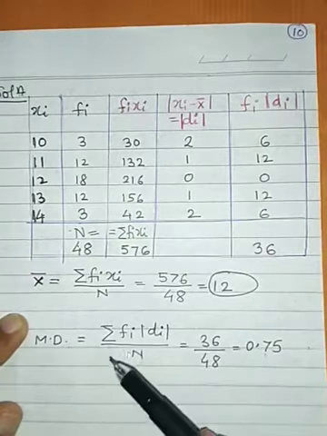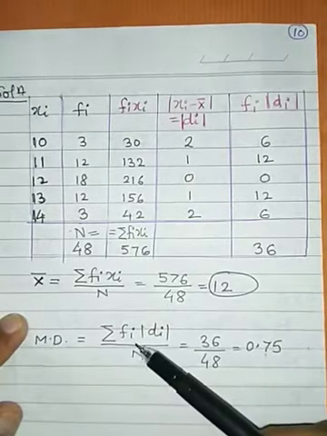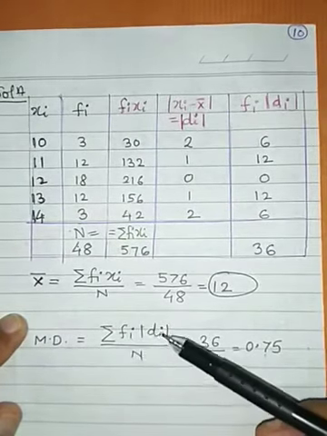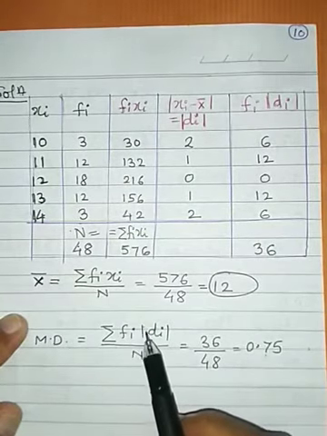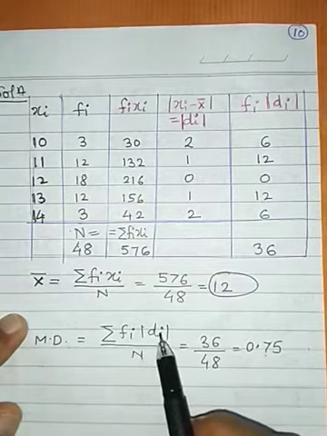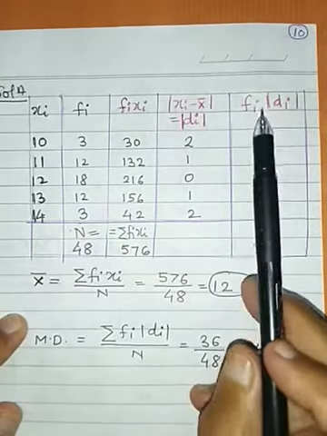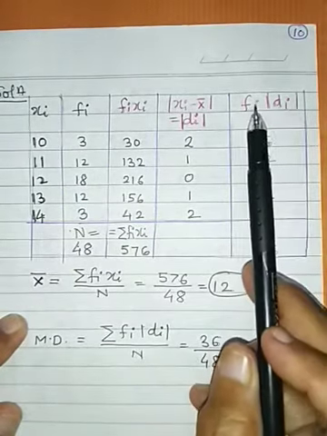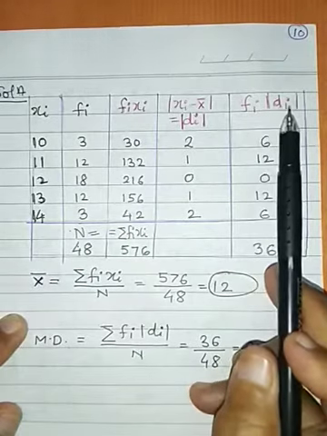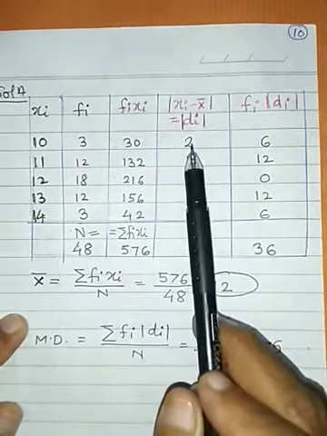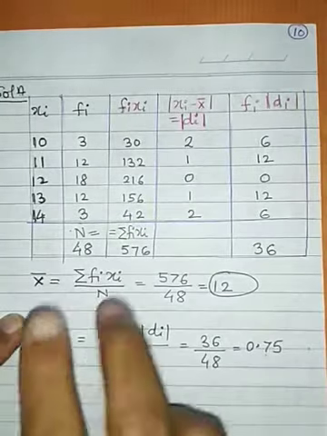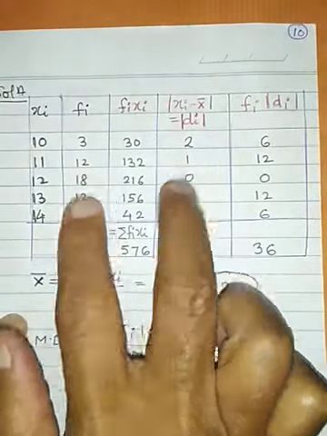Now look at the formula for mean deviation here: summation fi mod di. So we have to make a column of fi mod di. So I have made the column fi mod di. The heading itself says that fi and mod di should be multiplied.